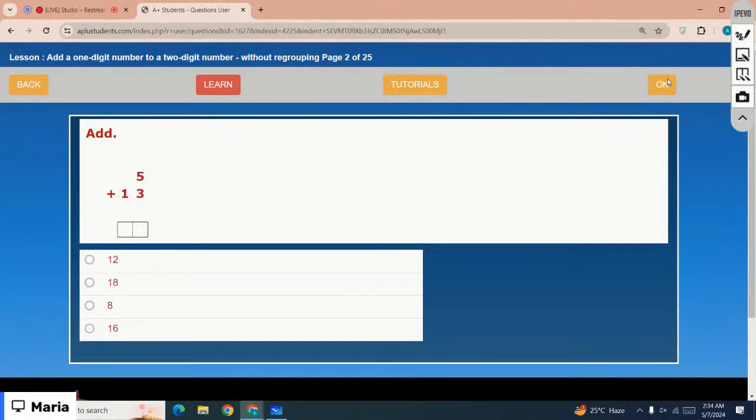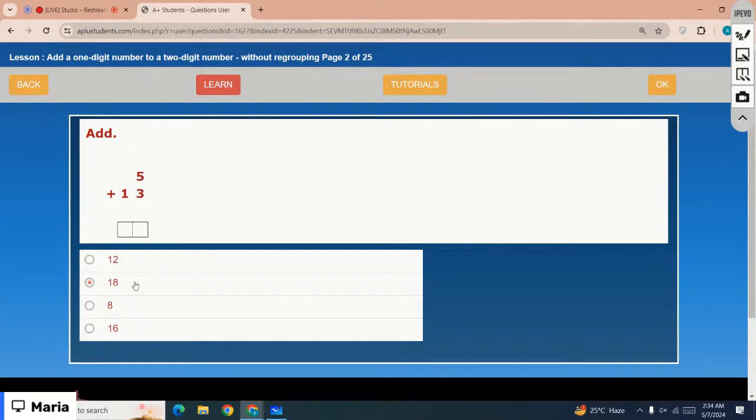The next one is 13 plus 5, which is the correct option? The correct option is 18.